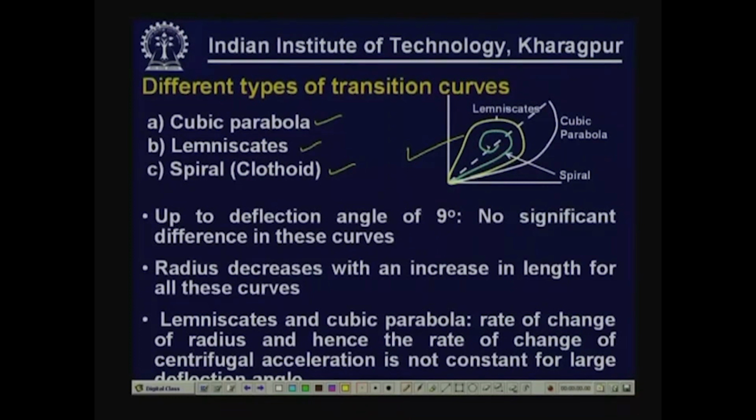Although it is a sketch not to scale, just to show the shape of the different types of transition curve, up to a deflection angle of about 9 degrees, it is found that there is no significant difference in these curves. Basically, all three types of curve are nearly similar.